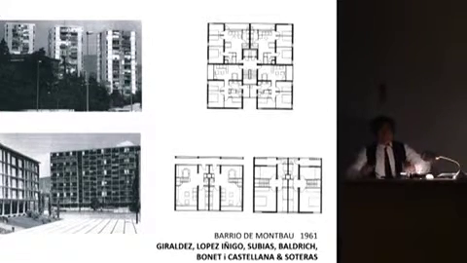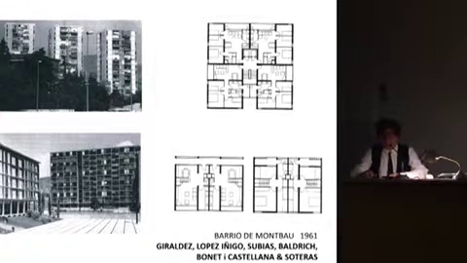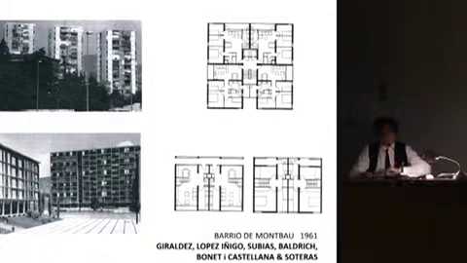Then, third project, Mombau. Mombau was an area for immigrants at the moment in time where there was industrial explosion, the boom of industry in Catalonia. So quick dwellings had to be built, and that is the case of Mombau. At a certain point in time, it's an example.